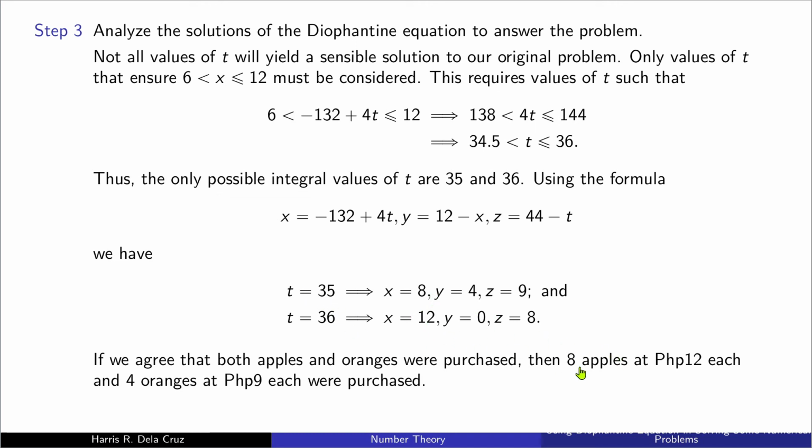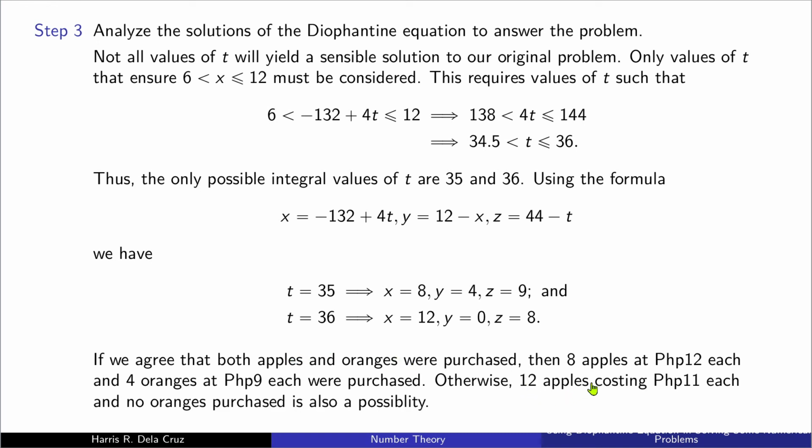That means, bumili siya ng 8 apples for 12 pesos each and 4 oranges for 9 pesos each. Pero, kung hindi natin ililimit sa condition na kailangan parehong apple at orange yung binili, pwede rin na bumili siya ng 12 apples at 11 pesos each, tapos hindi siya bumili ng orange.